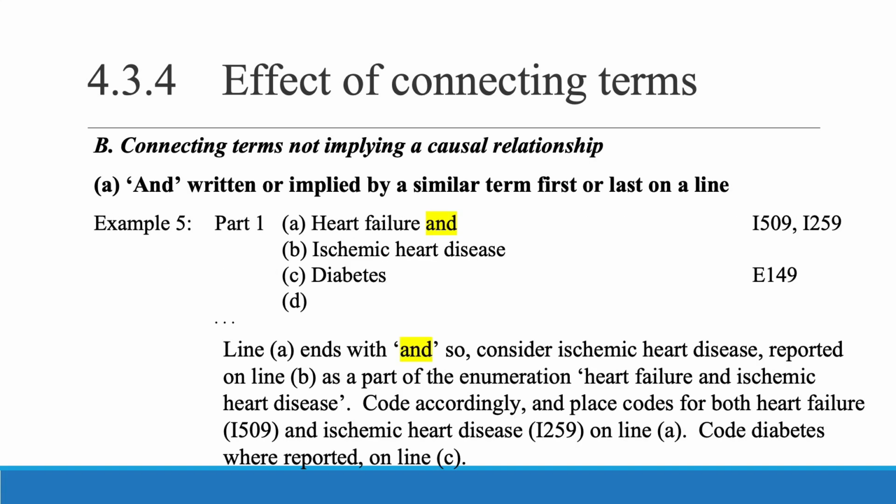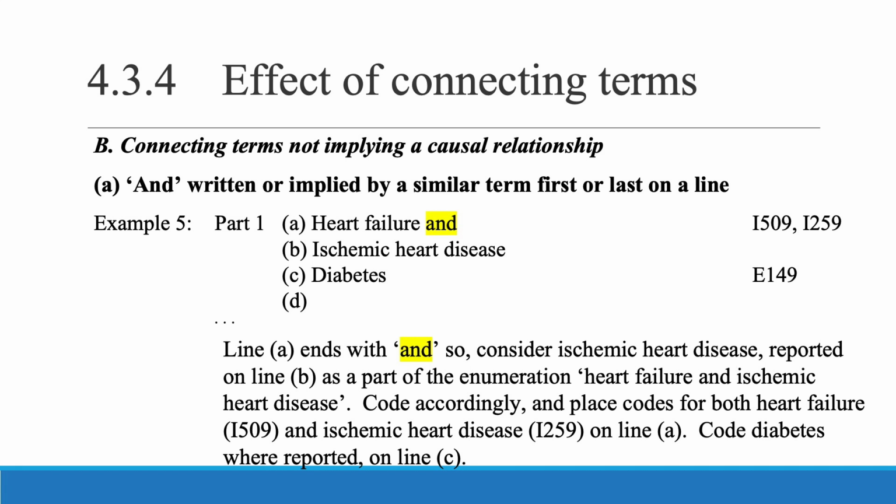So we are learning how to code for the effect of connecting terms not implying a causal relationship, specifically "and" written or implied by a similar term first or last on a line. Example 5 from volume 2. On line A, we see the cause of death, heart failure, and the connecting term "and." Heart failure and. On line B, ischemic heart disease. On line C, diabetes.